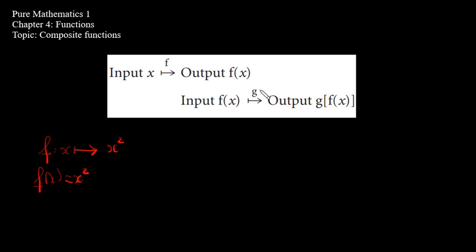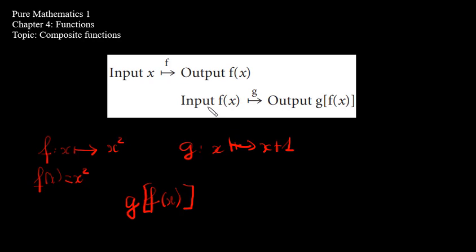So it goes through a function g, where x maps to x plus 1. The input of this one will be x squared, and after going through the function g, I have the output, which is g(f(x)).